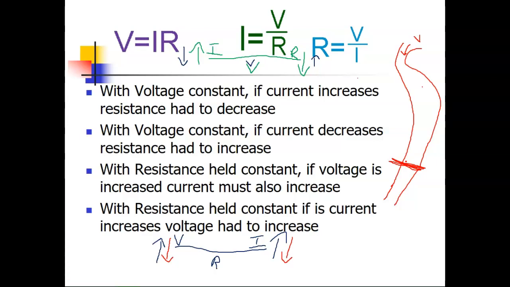It's not so much that it has extra push, it's that it has extra flow. So if my current increases, in other words, the water's coming down even faster than it normally does, my resistance will decrease because my resistance can't hold back the increase in current. Does that make sense?